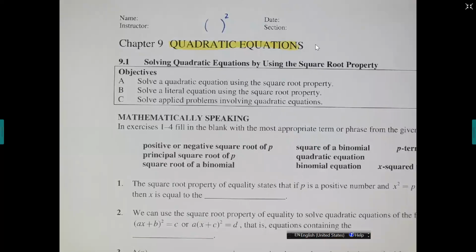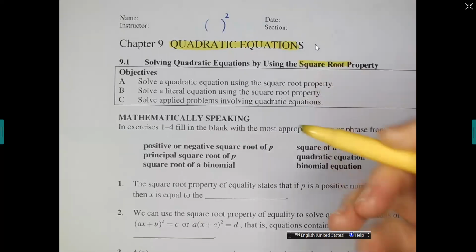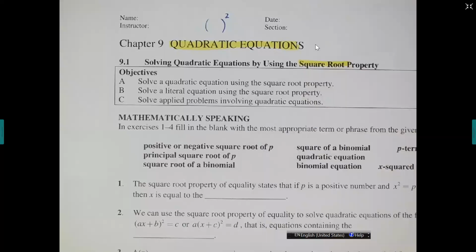Okay, in chapter 9, section 1, we are going to learn the first method. It is called using the square root property. So the square root method. How do we solve this type of equation? This is still one type of special equation.